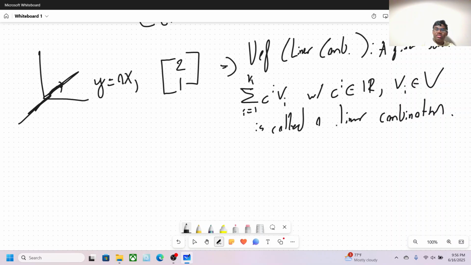And so we can see why these are interesting objects. Lots of functions appear linearly, and lots of interesting objects arise as linear combinations.